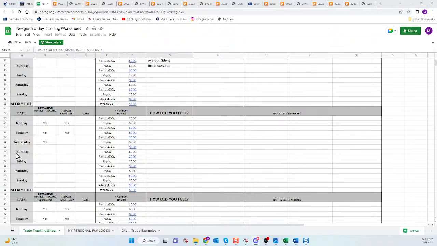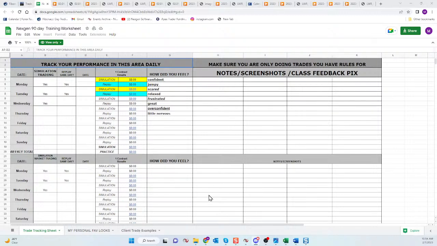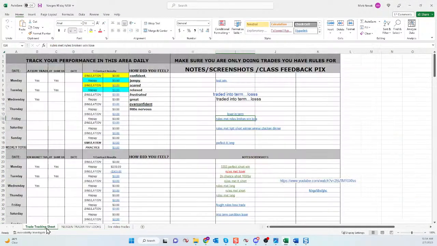Everything that you do, every trade you take should be in this tracking sheet. The chart should be annotated, and when you put it into your tracking sheet, you should know what happened. There should be a link to the picture. How did you feel? What happened afterwards? Was there any takeaway points?